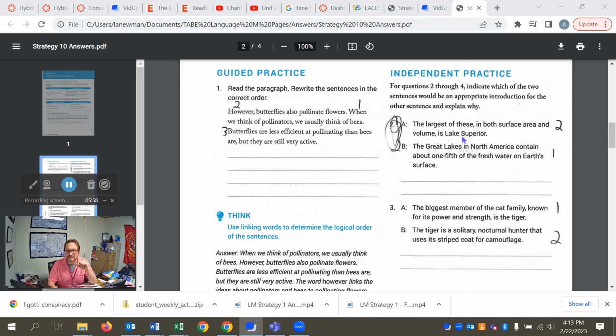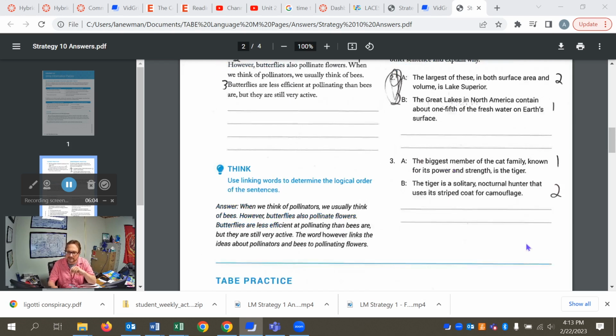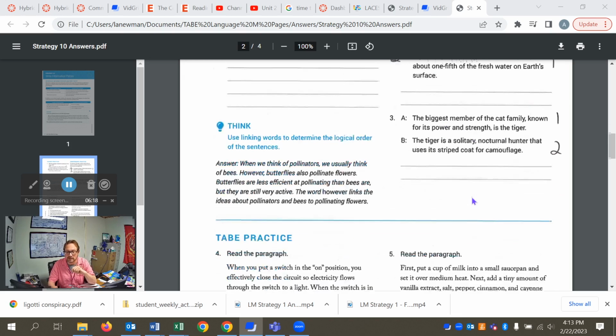And then in sentence 2, we get an example. So we wouldn't necessarily want the example before our topic. Okay, in number 3, the first sentence, or sentence A, is our intro sentence. It identifies and names the tiger, and then sentence 2 tells us a little bit more about the tiger.